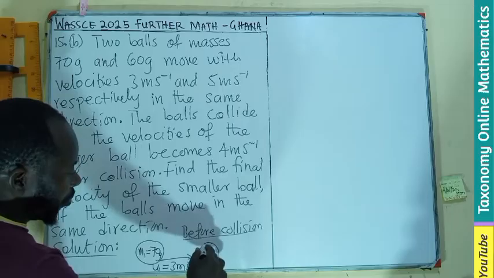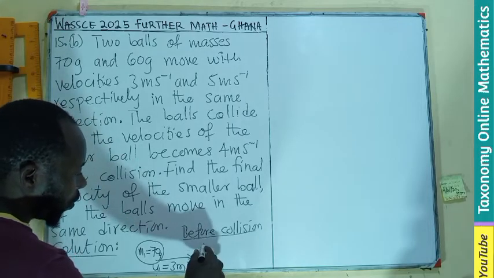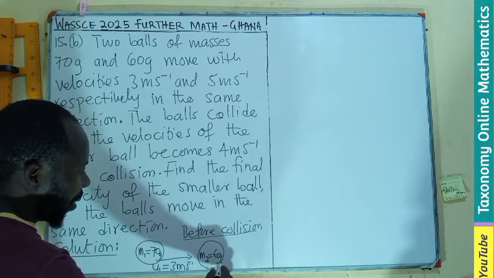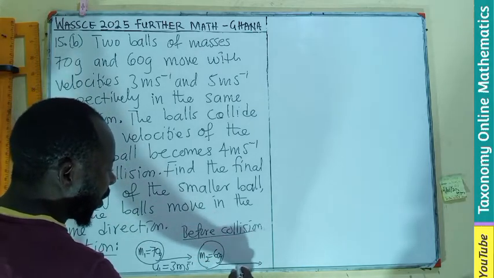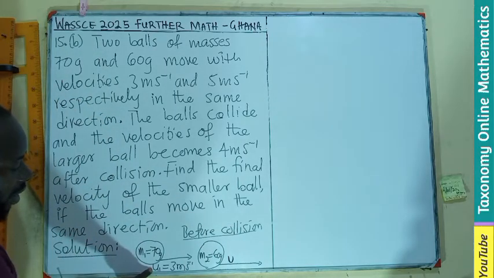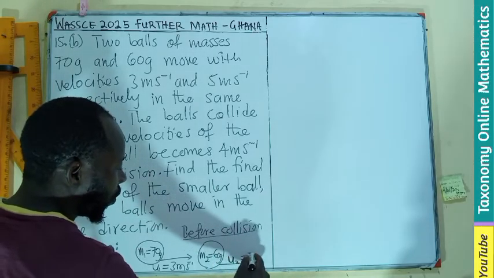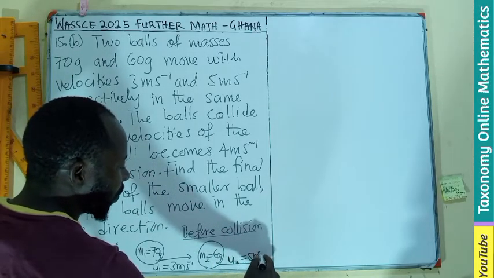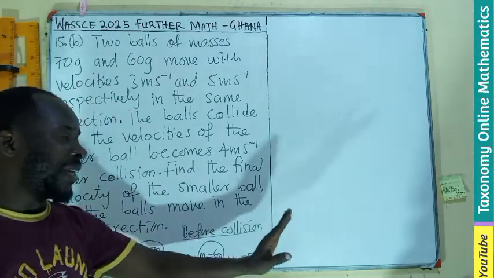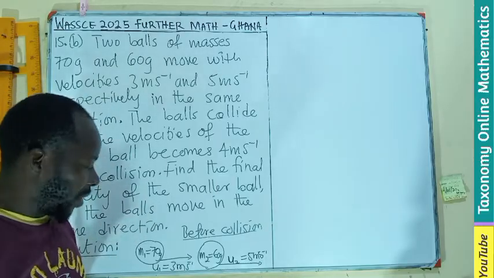The second ball, of mass 60, is moving with velocity, this is velocity 1, this is velocity 2, so 5 meters per second. So this is before collision. They are all moving in this direction. Then after they collide, they still move in the same direction.